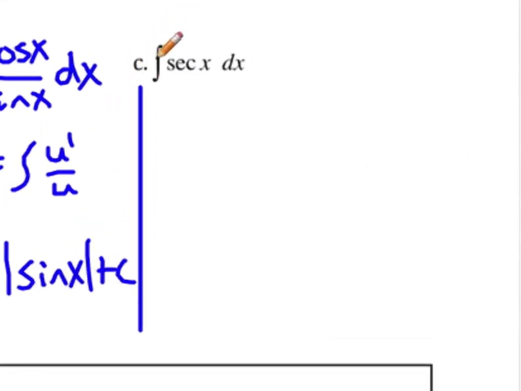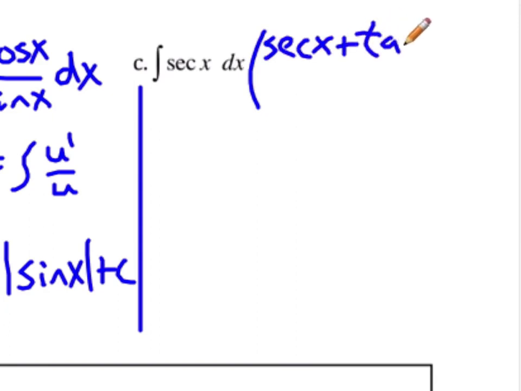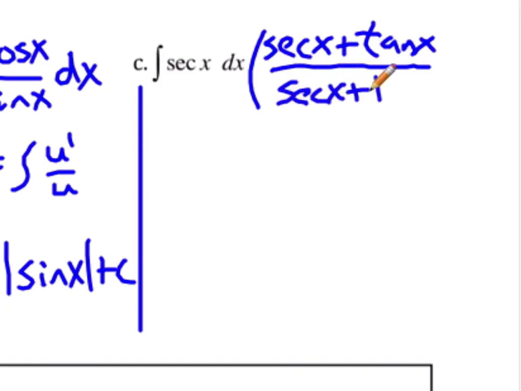All right, in letter C, we want to find the integral of secant x, and this one's a little bit tougher. So the first thing I want to do is multiply top and bottom by secant x plus tan x over secant x plus tangent x.